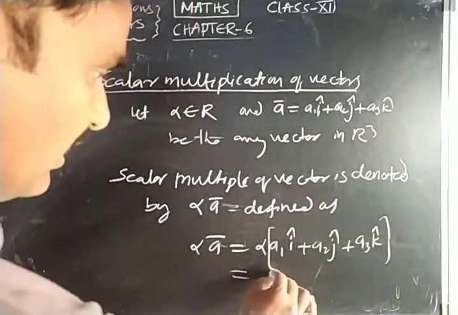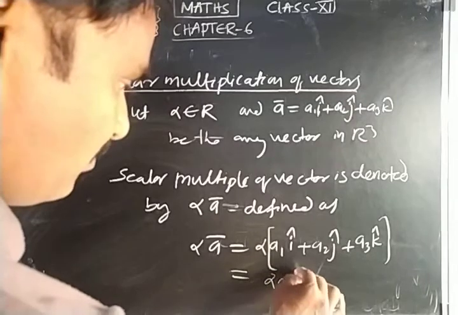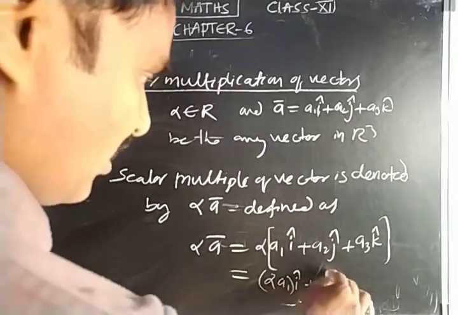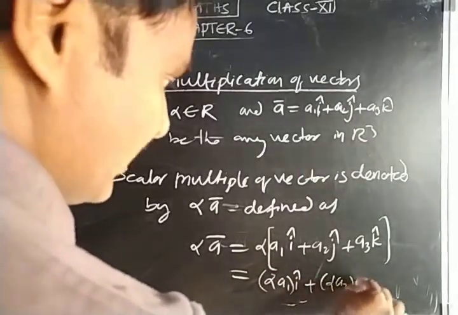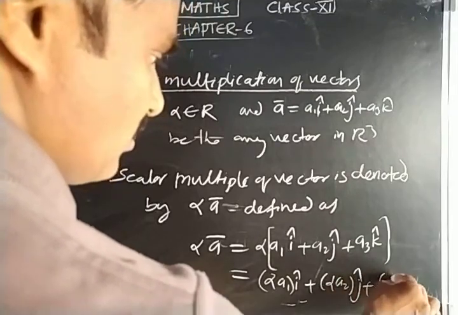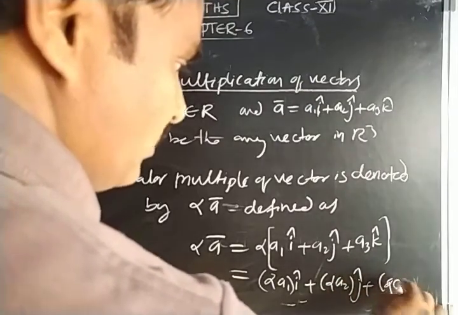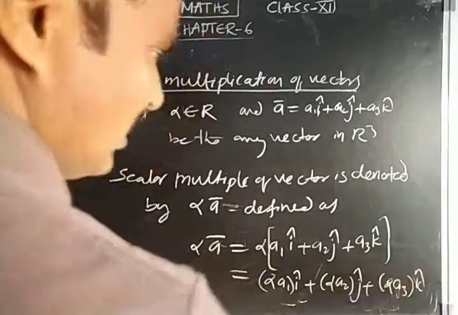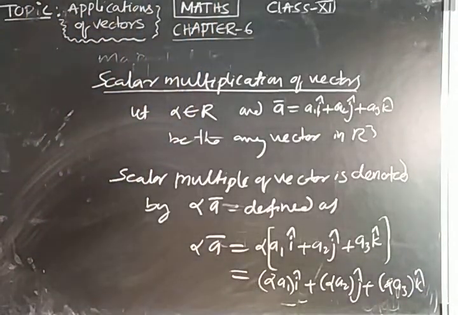We should multiply the vector by alpha, and you will get alpha a1 i cap plus alpha a2 j cap plus alpha a3 k cap. This is called scalar multiplication of vectors.